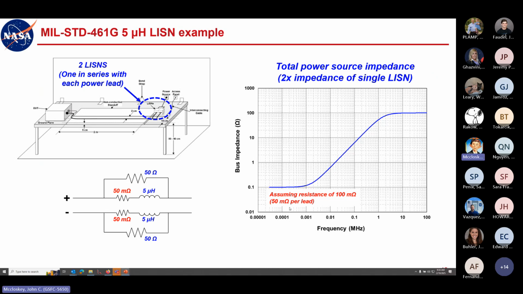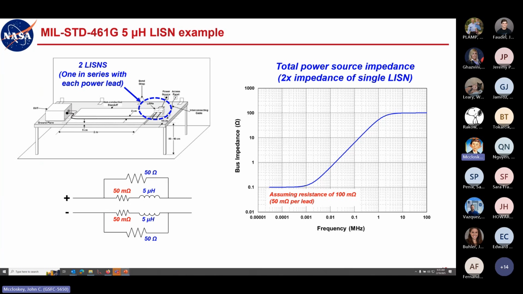Okay, now if you just think about this for a second, if you have 100 milliohms of lead resistance and you've got a total DC current draw on a large spacecraft on the order of 100 amps, which is not too outlandish, probably fairly typical actually. Well, 100 amps dropping across 100 milliohms is going to give you a 10-volt drop. So I don't know anybody who's going to want that. That's a lot of power to just drop across your power distribution impedance.